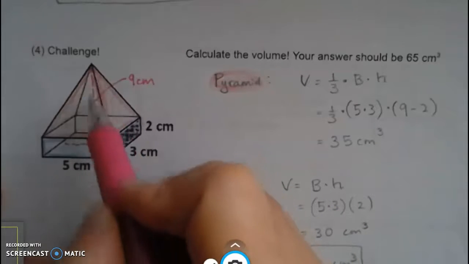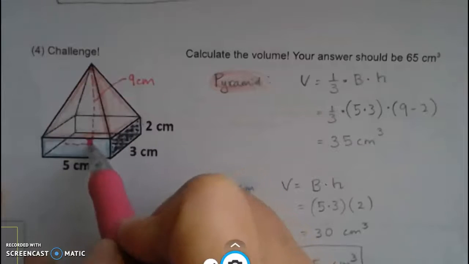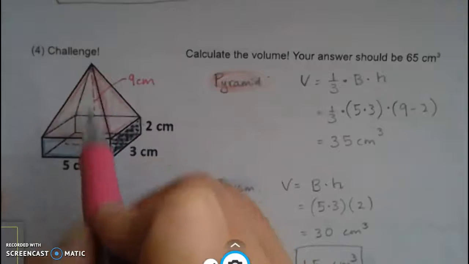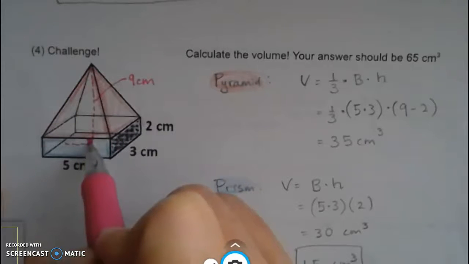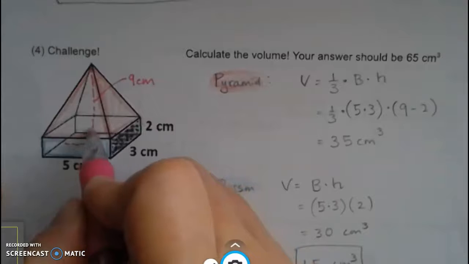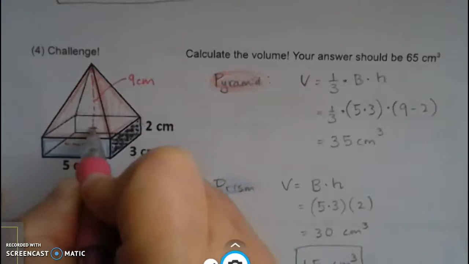Now height, we're told, from the tip of the apex to the center of the bottom surface is 9 centimeters. Does that mean the height is 9 centimeters? No, it's not, because we have 2 centimeters being taken up by the prism itself. So it should really be starting here.